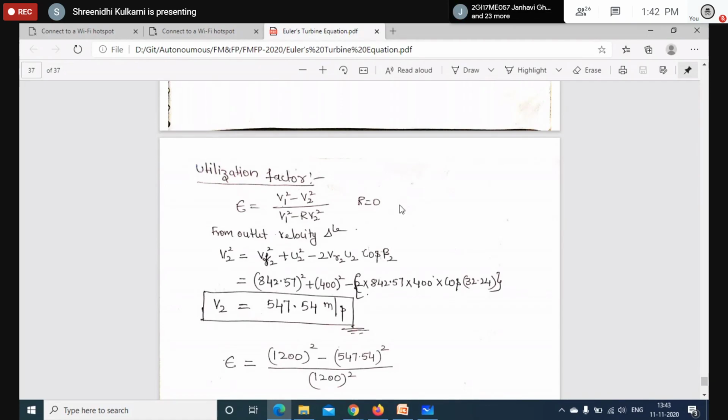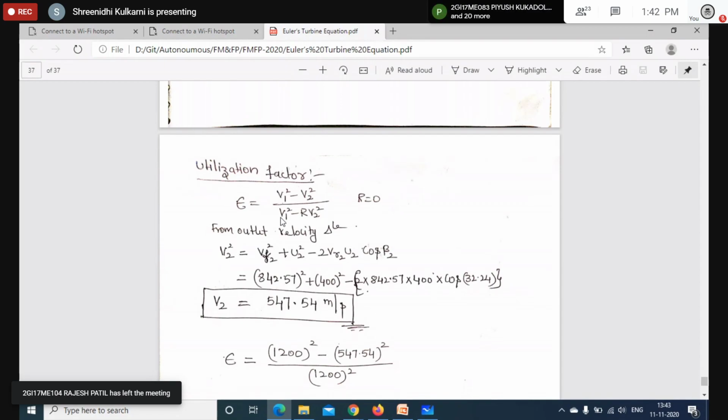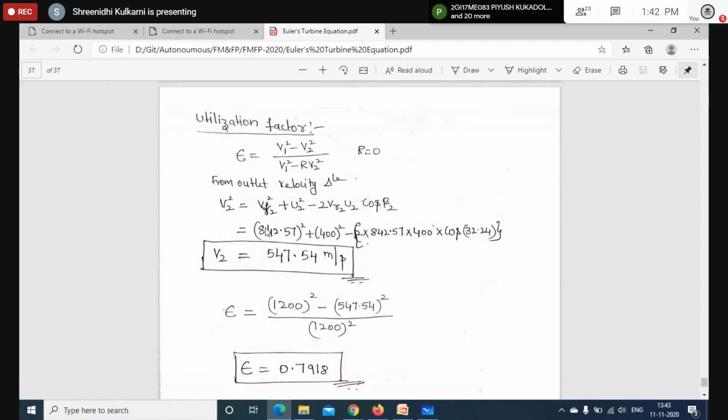But here the problem is we don't know what is V2. So first we have to find out this V2, then we can find the utilization factor epsilon. From the outlet velocity triangle, apply Pythagoras rule and find out V2.